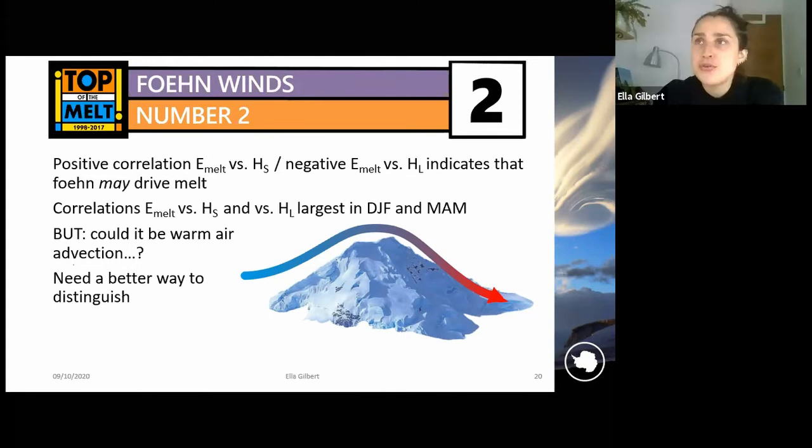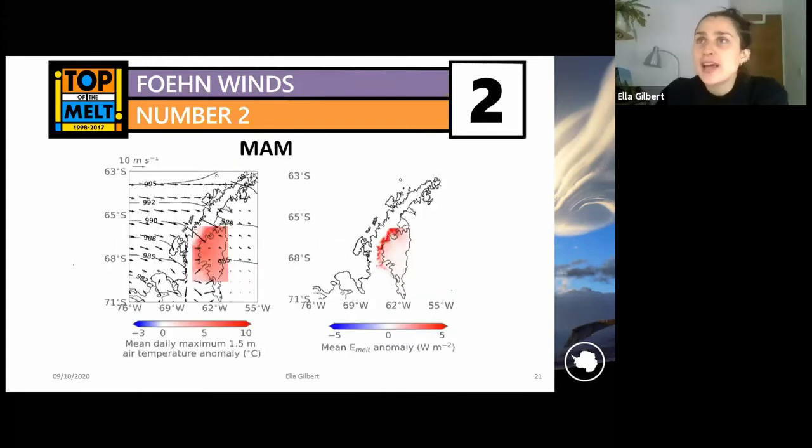If we look at one example of one season, this is autumn, March, April, May. Again, we've got this surface meteorological composite on this side here, and the melting composite on the other side. We can see really strong cross-peninsular flow that results in very strong winds, even at the surface, coming from the northwest, raising the maximum air temperatures sufficiently in some cases to result in melt.